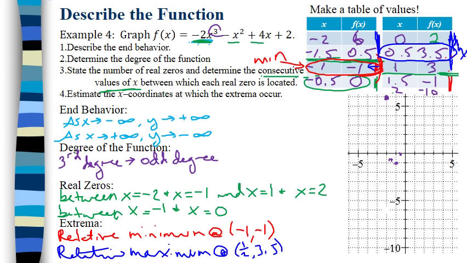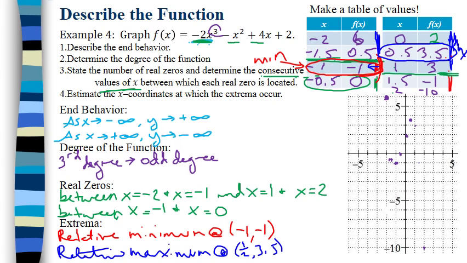So there we go. 0, 2, 1/2, 3.5, 1, 3, 1.5, -1, and 2, -10.